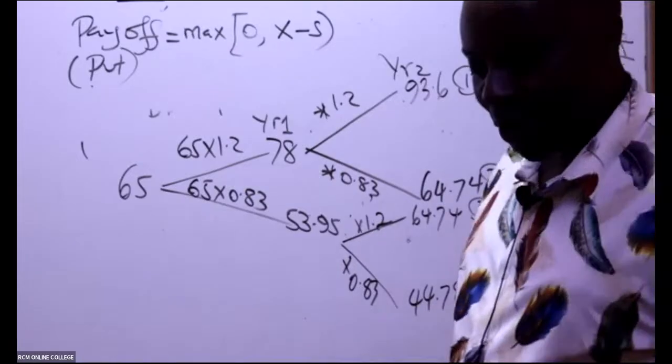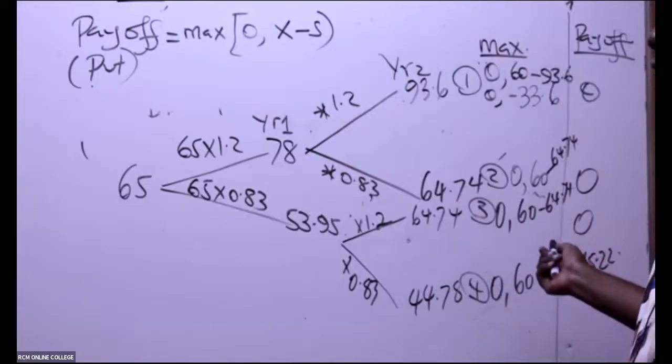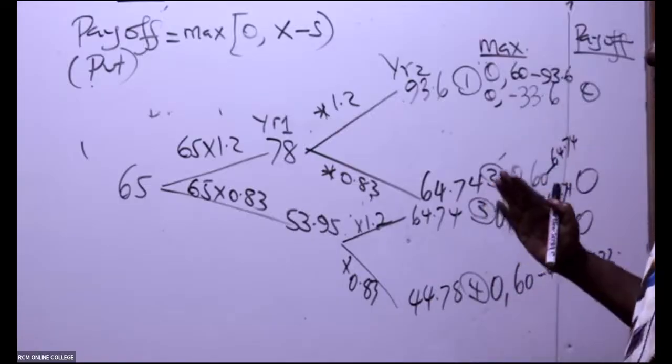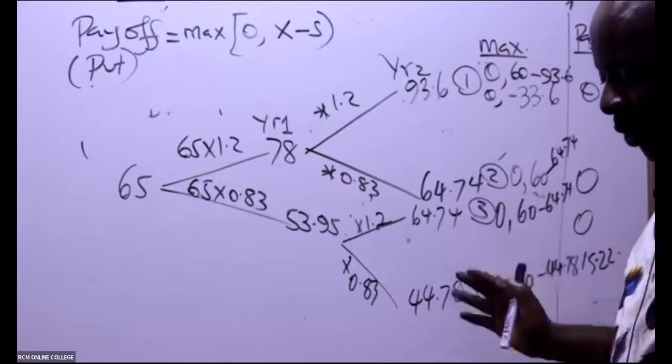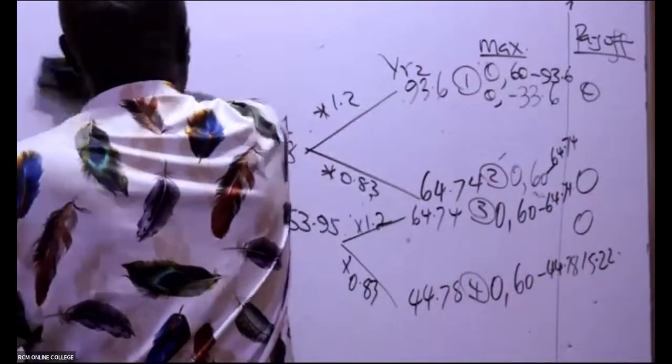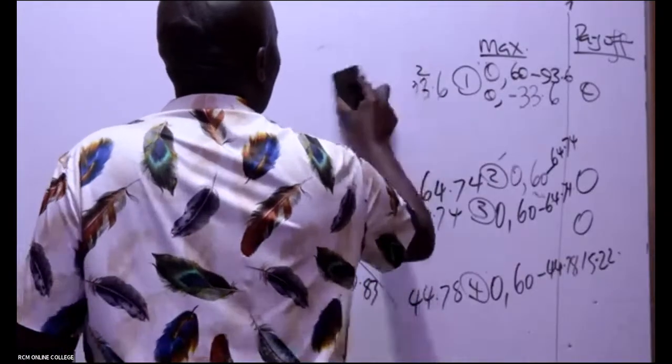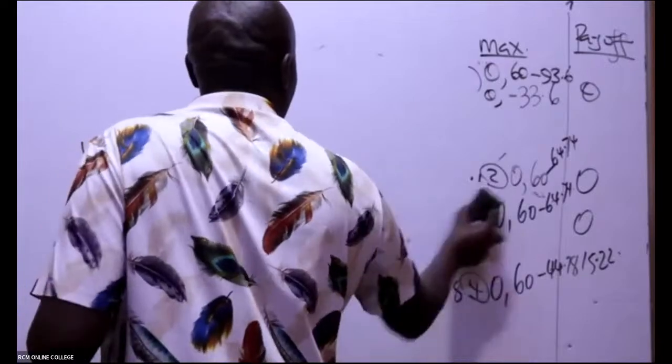Now, from there, you'll be able to give us, ladies and gentlemen, a probability tree of payoffs only. So step number 4, probability tree of payoffs only. The same one, but now payoffs only.